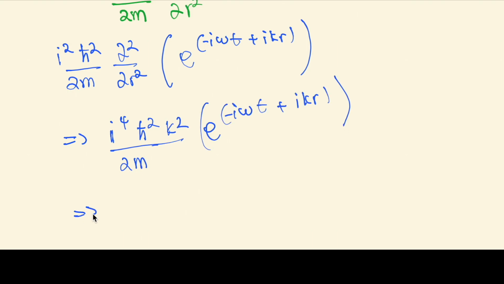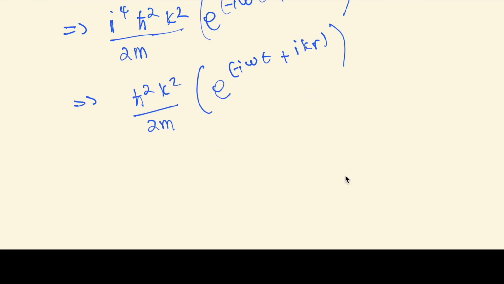So this can be simplified as ħ squared k squared over 2m multiplied by the wave function. Now remember from the de Broglie wavelength that our momentum is equal to ħ multiplied by k. So this shows that we have p squared over 2m multiplied by our eigenfunction.